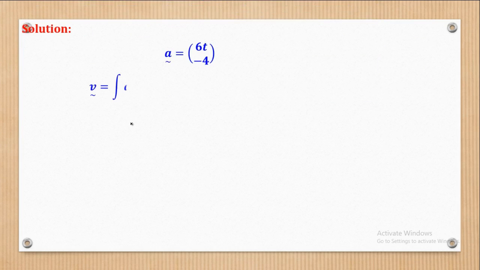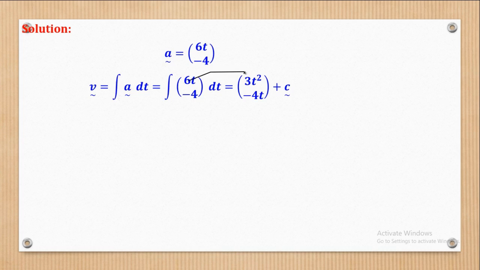So first of all, we know that acceleration is equal to 6t, negative 4. Therefore, to get velocity, I have to integrate. So when I integrate acceleration, I'll integrate 6t to come up with 3t squared. Then I integrate negative 4 to come up with negative 4t. But don't forget the constant of integration. And this constant is also a vector, so you should not forget this tilde symbol here.